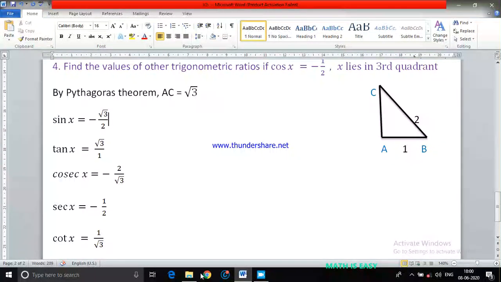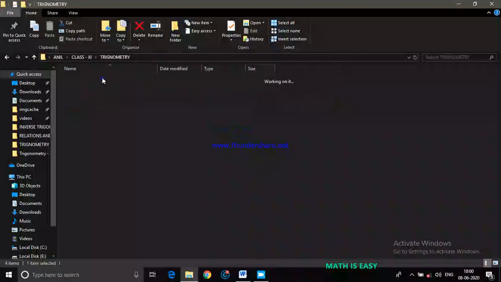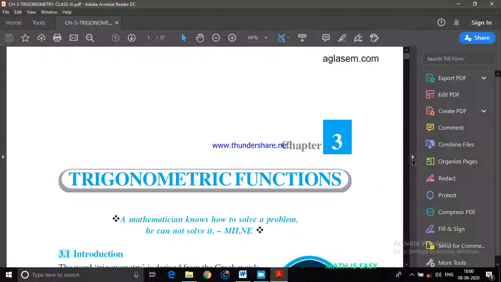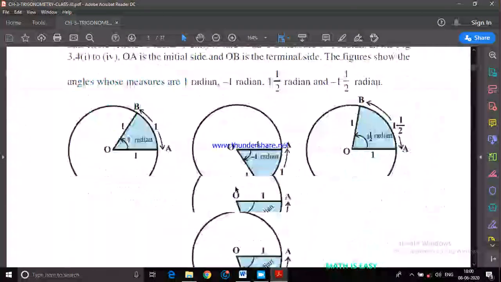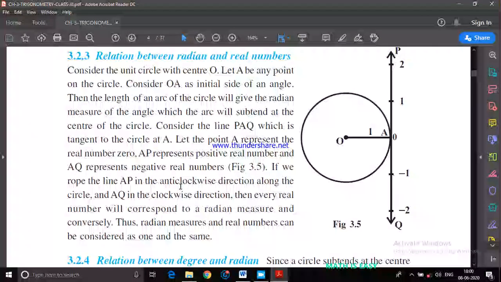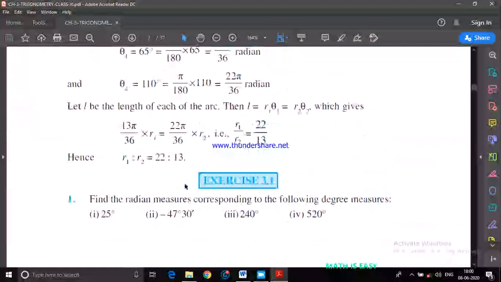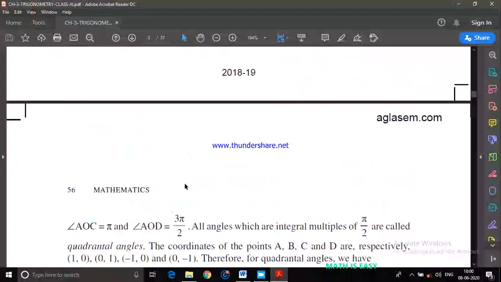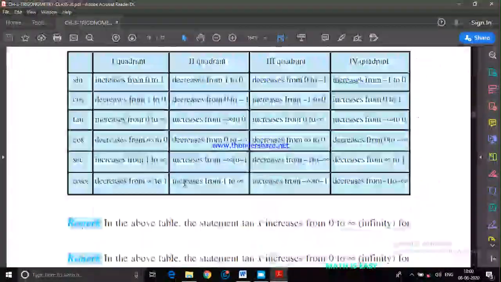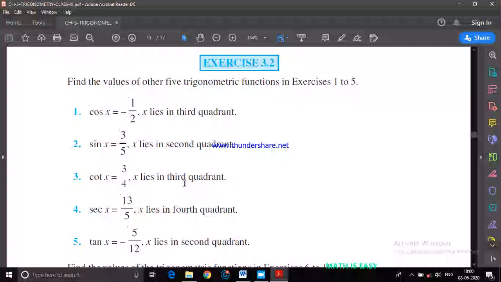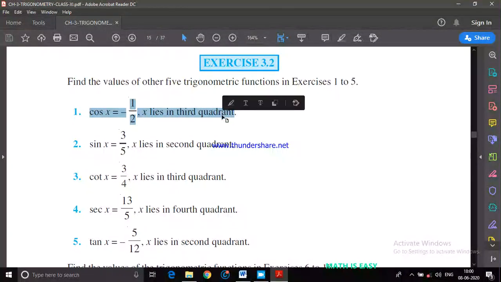Am I clear? So what you have to do now is open the textbook. Your 3.2 exercise is ready. The 3.1 we already discussed in the last class. In this 3.2 exercise, the first question I already explained to you.